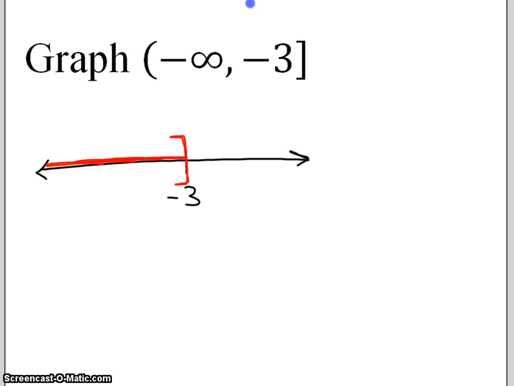So you shade all the way to the left, and you put an arrow because negative infinity is somewhere to the left, the furthest to the left you can go. That's the graph of that interval.